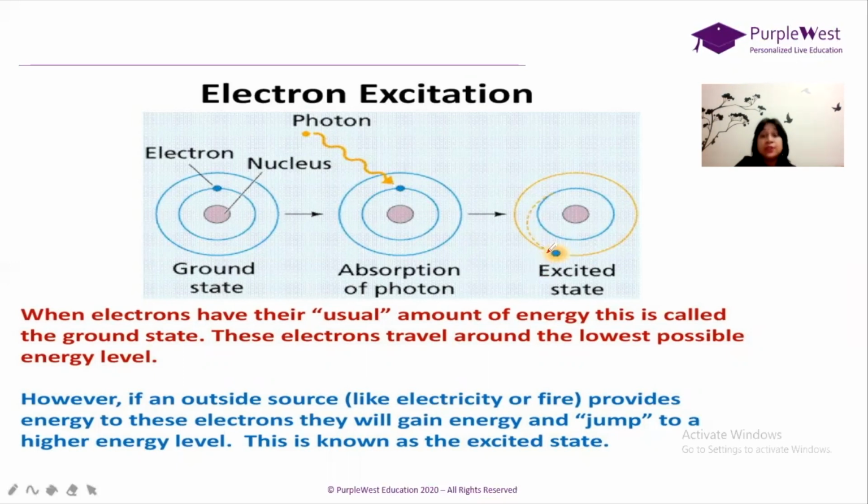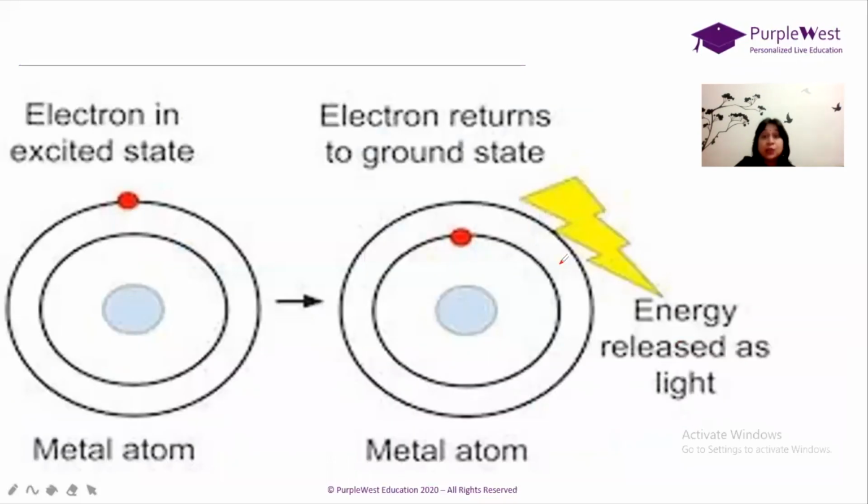After some time, the electron will lose energy from this excited state and drop down to its own original energy level. When it drops down, it radiates light radiation which falls in the visible spectrum, and we can see the color in the flame.